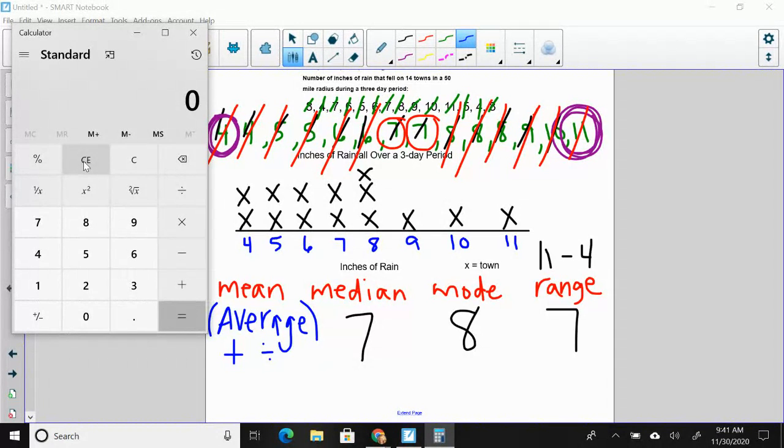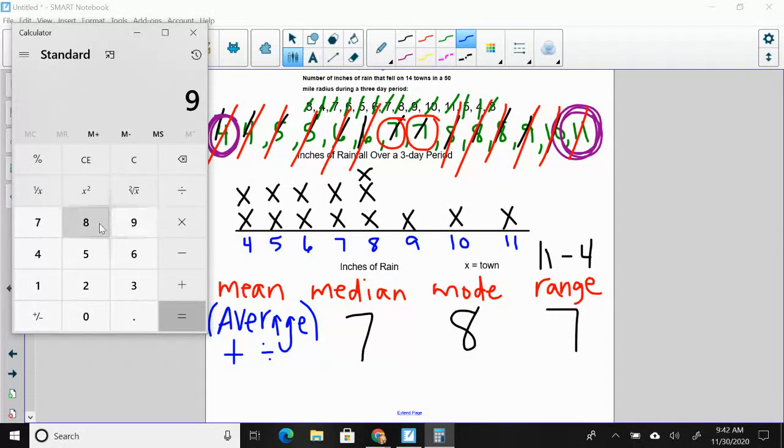That's not my average, okay? That wouldn't make sense. We wouldn't say on average 98 inches of rain fell in 3 days. If that happened, we would have a catastrophic flood. So what we need to do with that total is take 98 and divide it by how many numbers were in our set? 14.